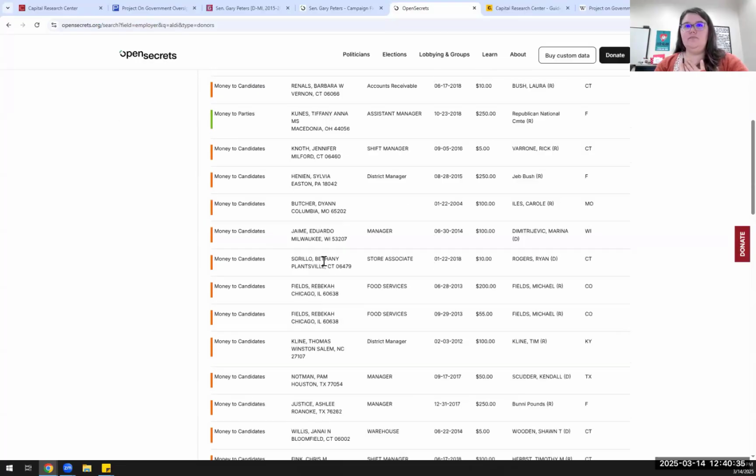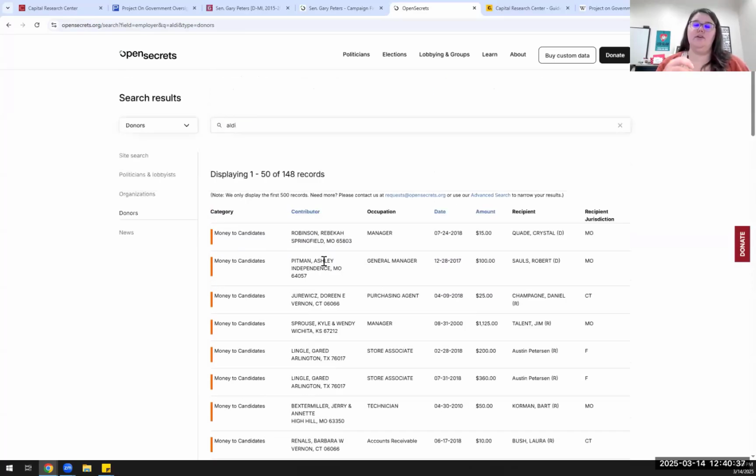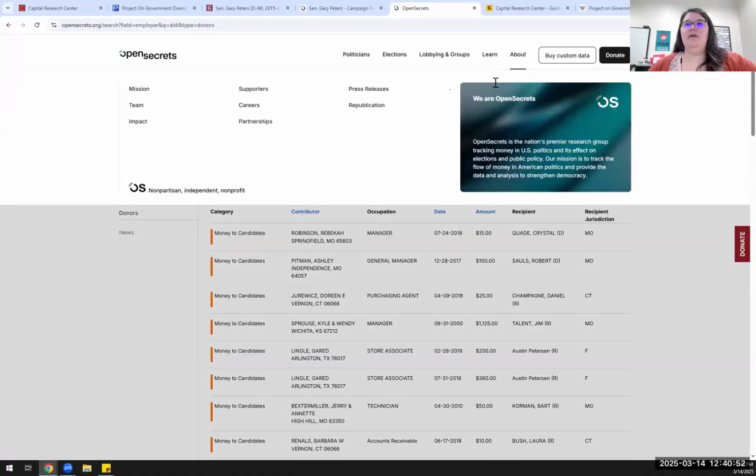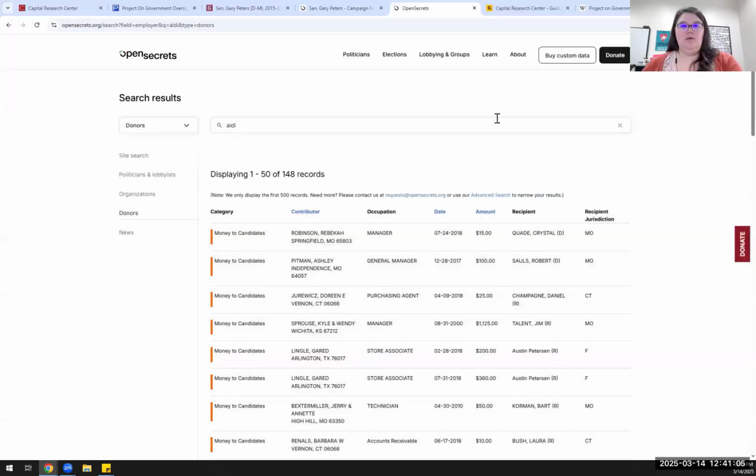So again, it's trying to pull back the curtain on a lot of government spending, and not only government spending, but how that money is being funneled to candidates and in support of different causes. Okay. And on their about page, it talks about how they are pulling this information in here. Okay.